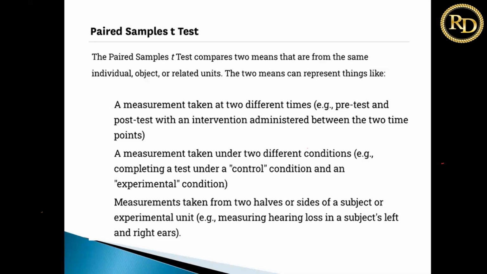If it is significant, it means the drug, or say insulin, is effective, and if the null hypothesis is accepted, it means there is no impact of insulin on reducing the blood glucose.